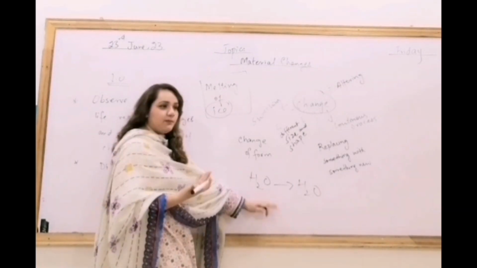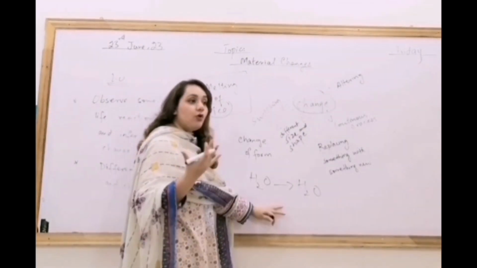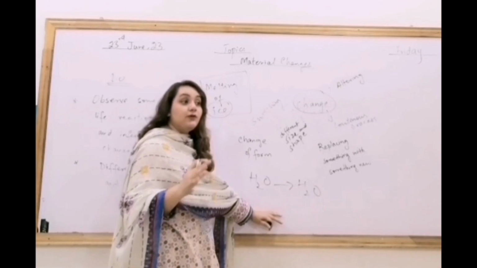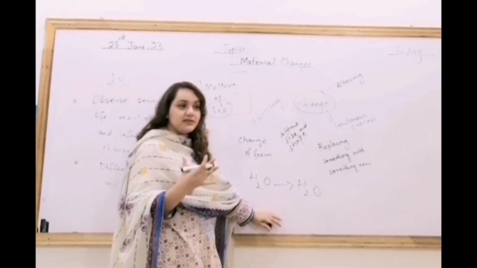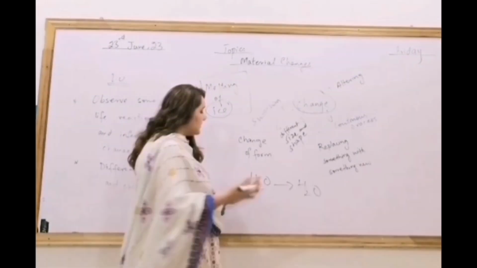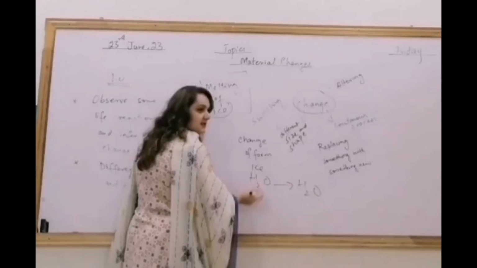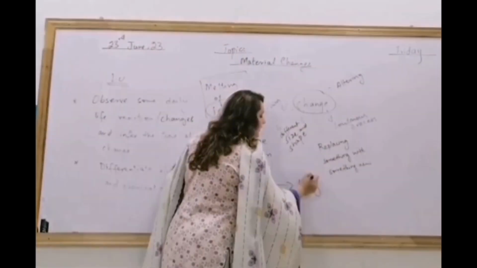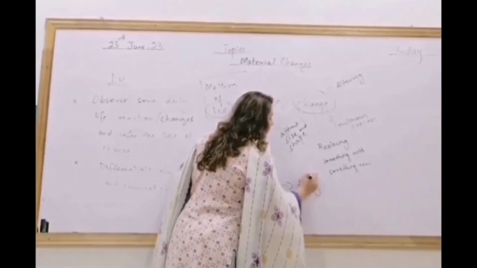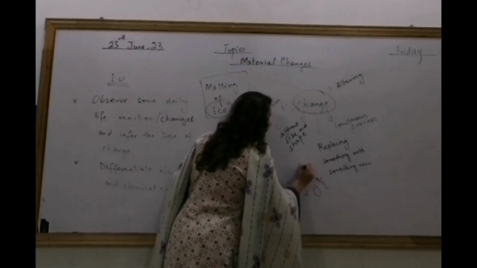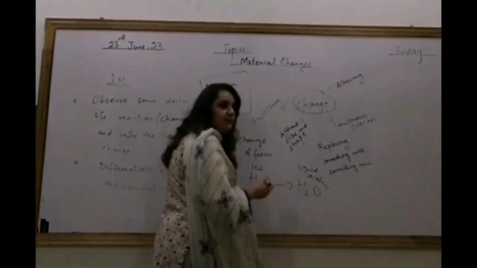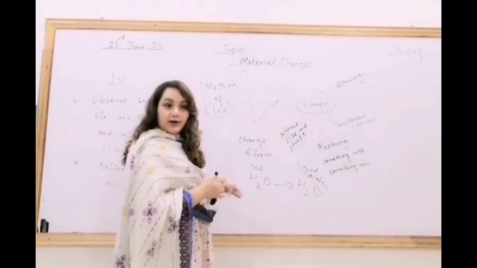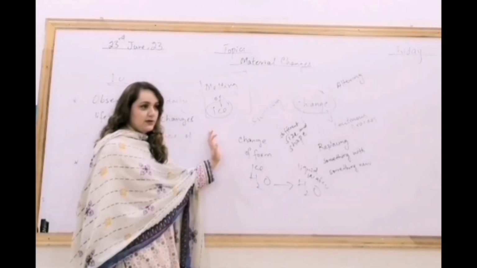It was water before and it was water after. Only what has changed? The form is changed. The state of the matter is changed. In ice form, it is solid, and in the fluid form, it will be liquid water. These are physical changes.